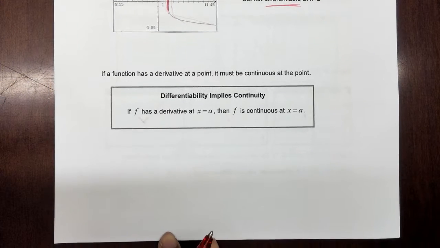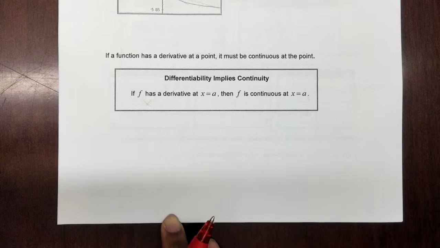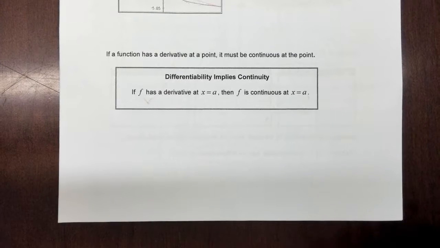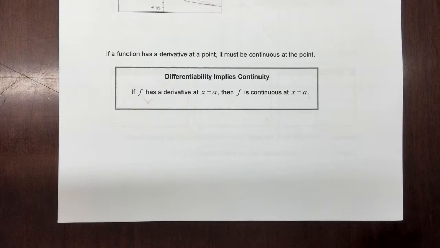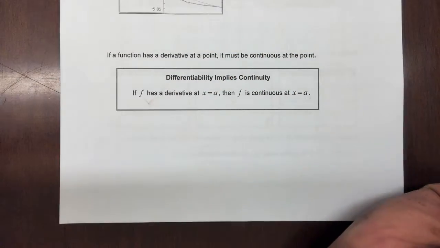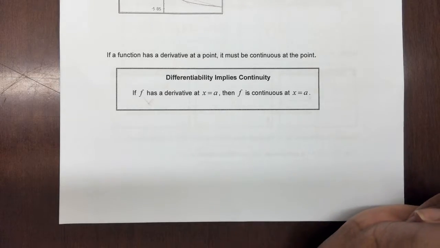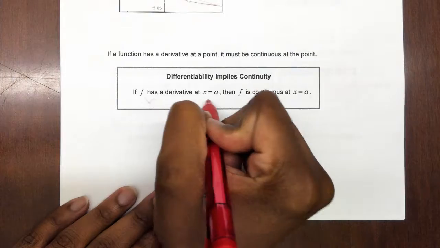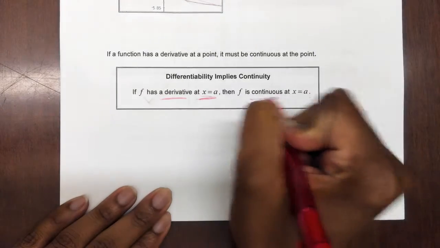So, what we can conclude is if a function has a derivative, it must be continuous. However, the opposite does not prove true necessarily. So if f has a derivative at x equals a, so if the derivative exists, then f is continuous.